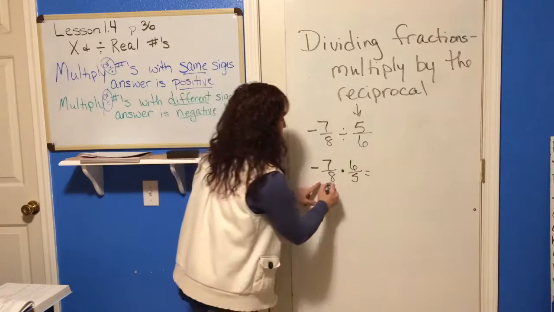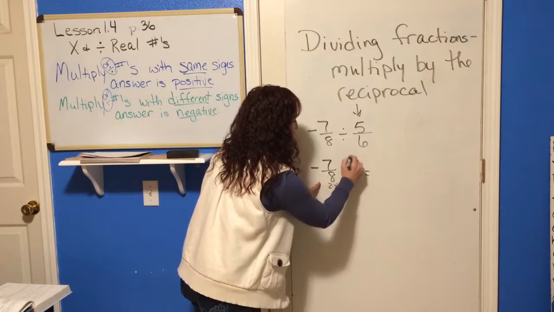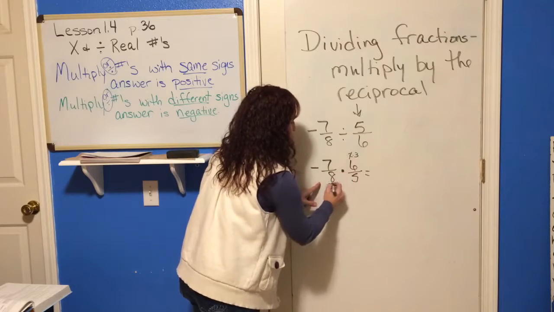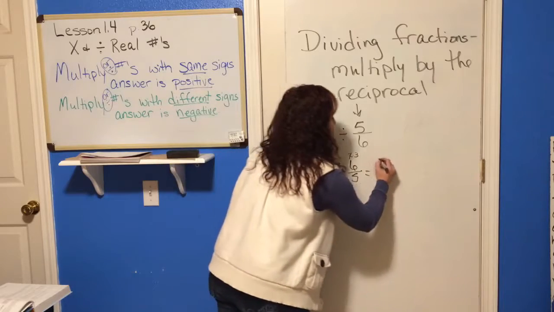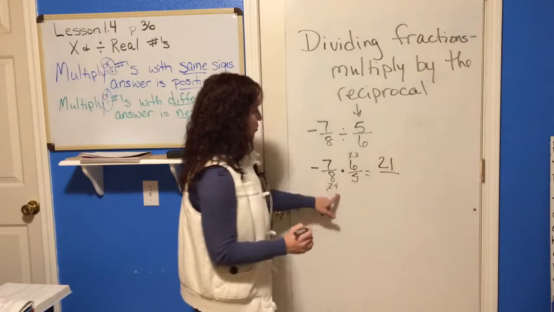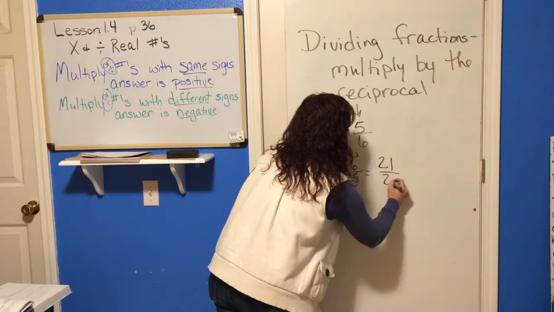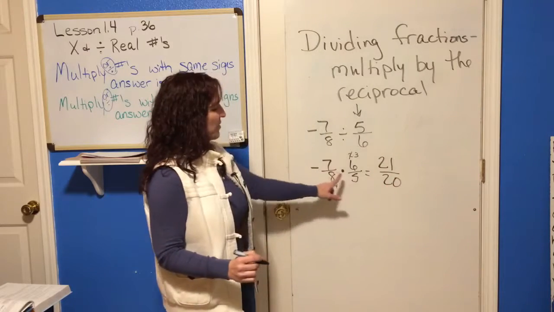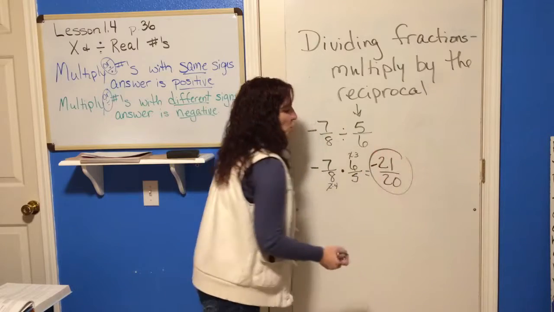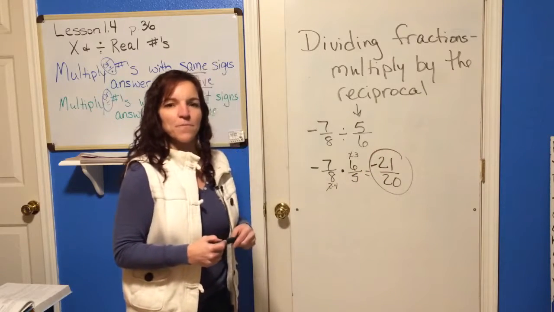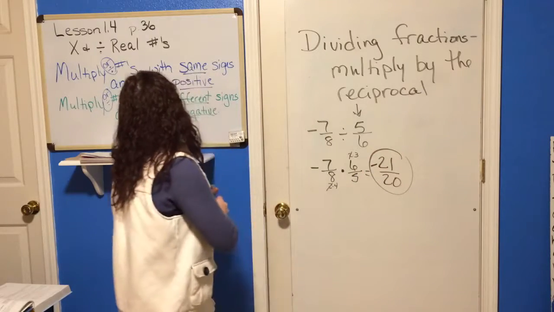Now we can say this is 2 times 4, and this is 2 times 3, so my 2's can go away. So I have 7 times 3 is 21, and 4 times 5 is 20. I had a negative times a positive, so my answer is -21/20. And it's okay to leave it an improper fraction.